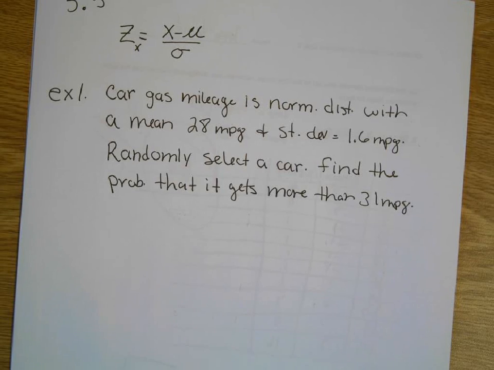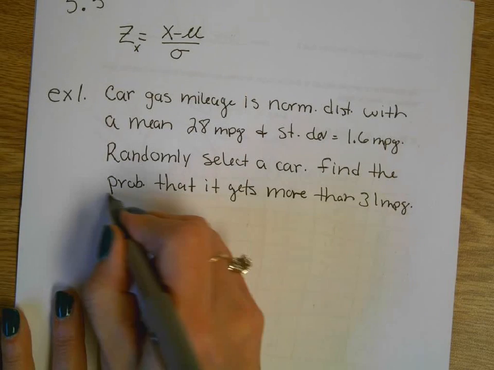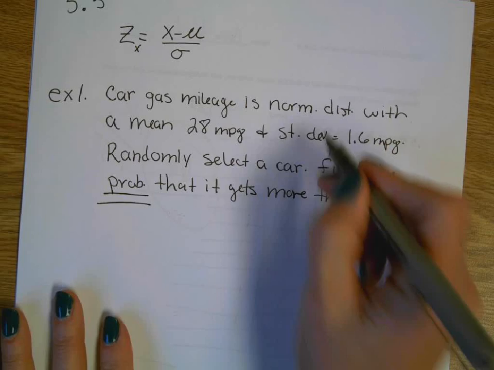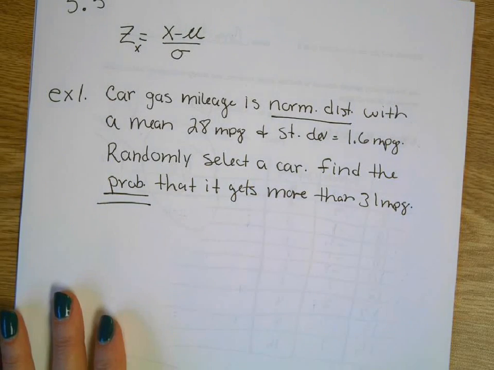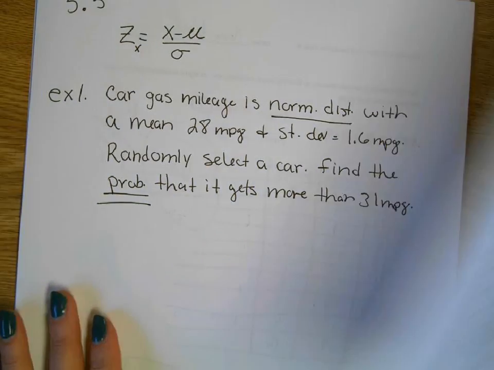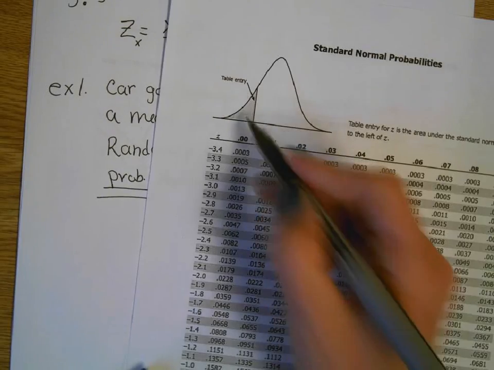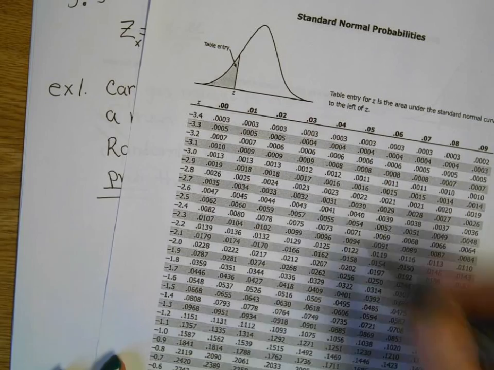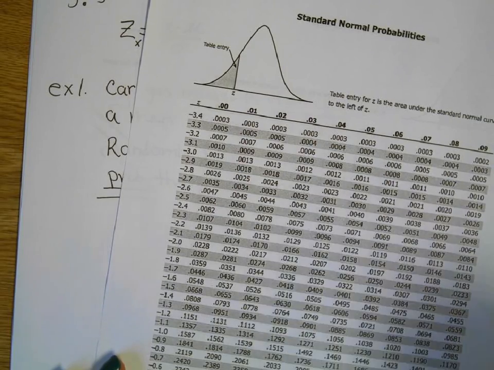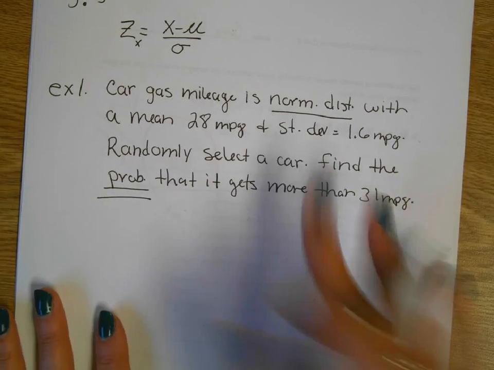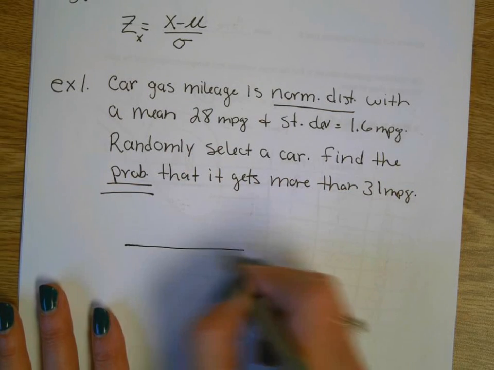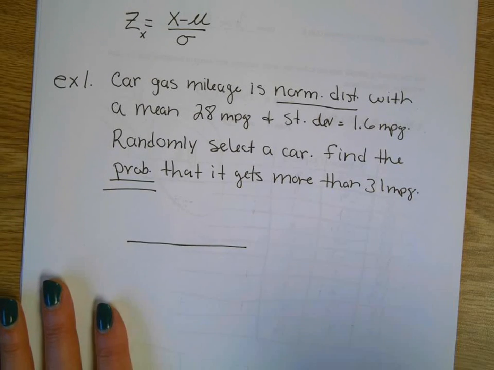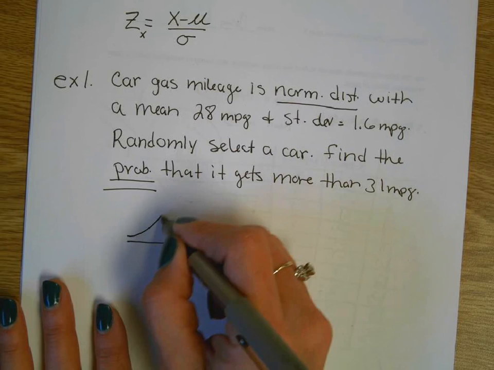All right. So this question is asking to find the probability, and we're dealing with the normal distribution. Remember, the area under the curve is the probability. So when it asks for probability, it's looking for an area under the curve. If we sketch this to see what area we're actually trying to find, it becomes very easy.